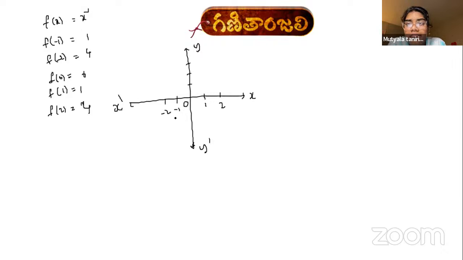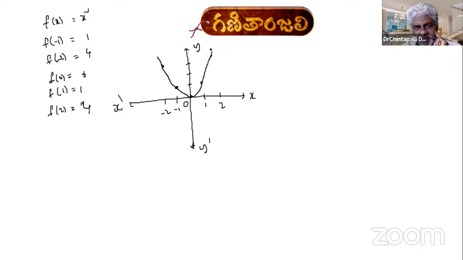See, image of -1 is 1. Image of -2 is 4. Image of 0 is 0. Image of 1 is 1. Image of 2 is 4. Yes, no doubt, it is a graph.